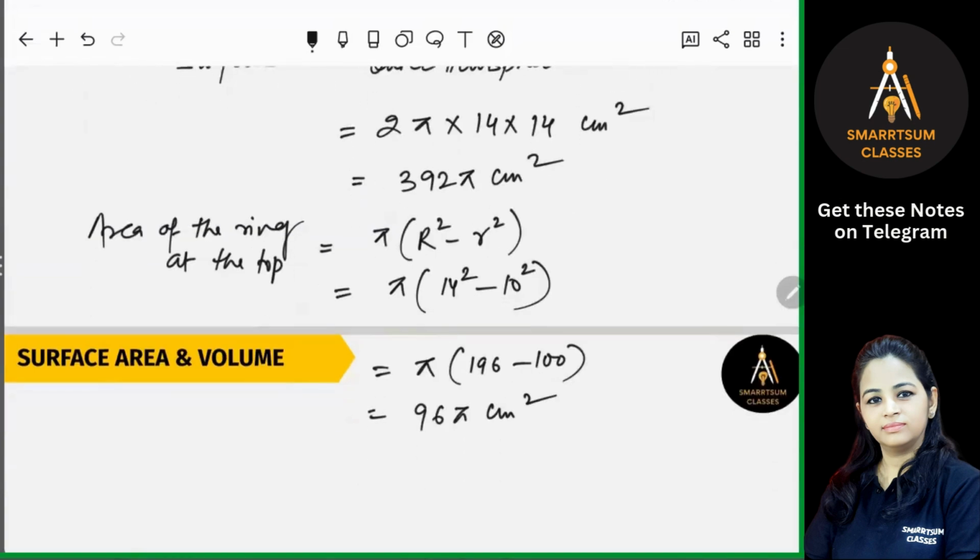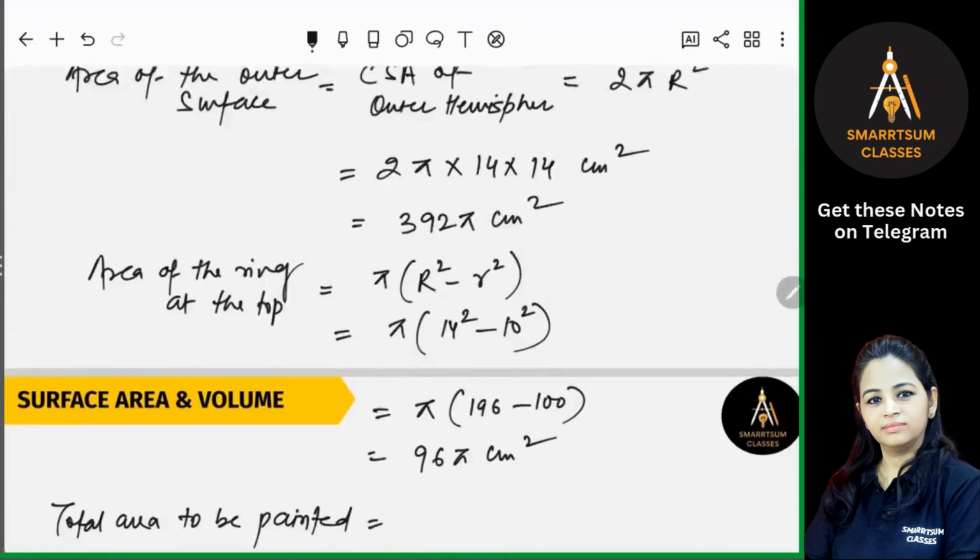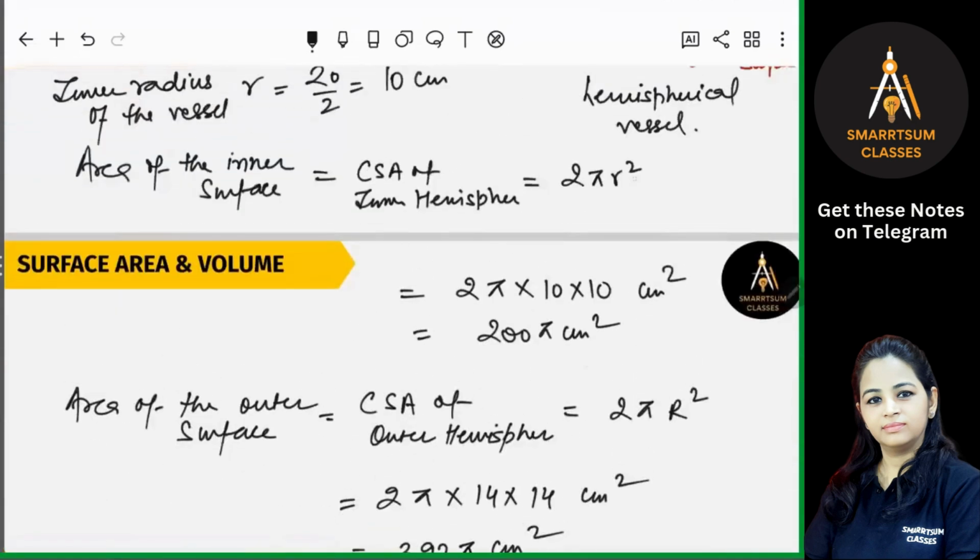Now what is the total area to be painted? The total area to be painted will be the sum of all these areas. So now add them. The area of the inner surface is 200 pi centimeter square.